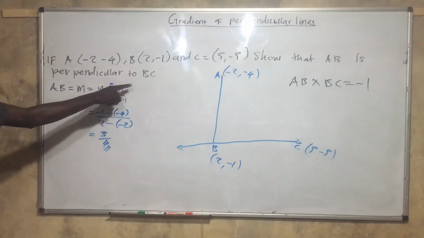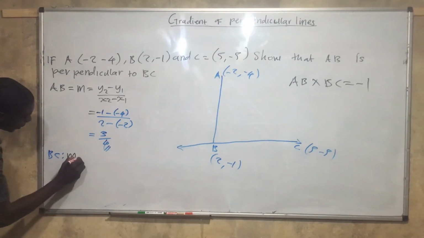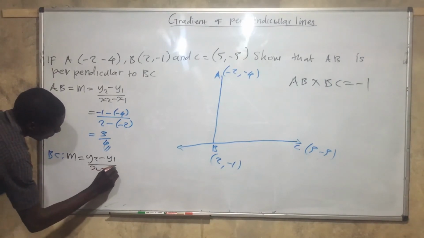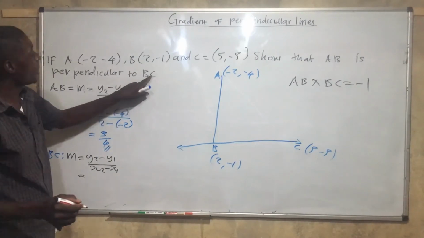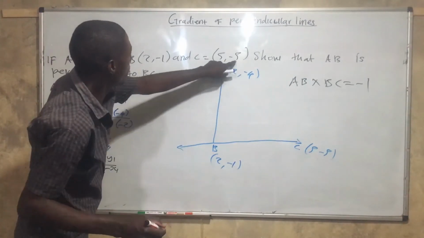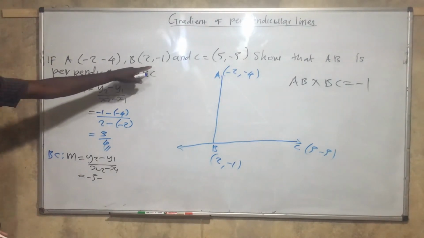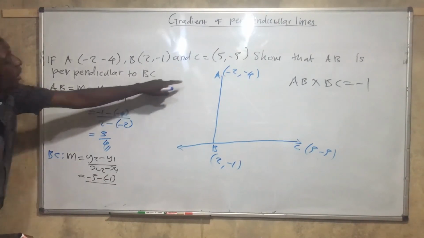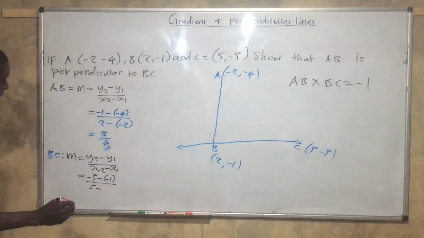We also want to find the gradient of BC. So the gradient BC will be equal to M is equal to y2 minus y1 over x2 minus x1, now using the coordinates of B and C. Our y2 will be negative 5 minus our y1, negative 1, over our x2, which is 5, minus our x1, which is 2.